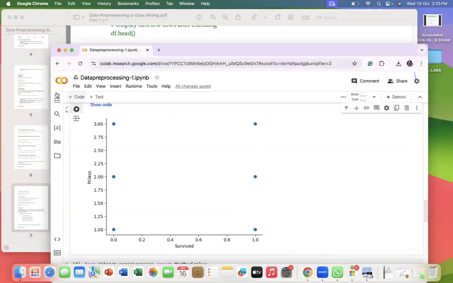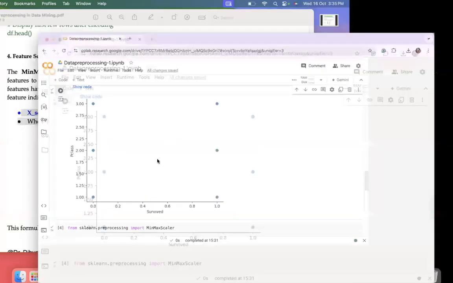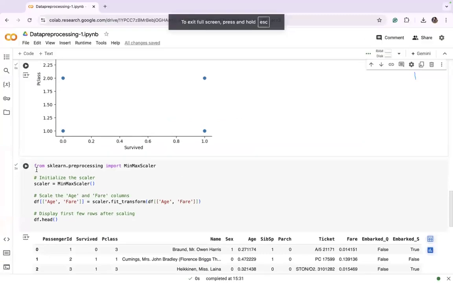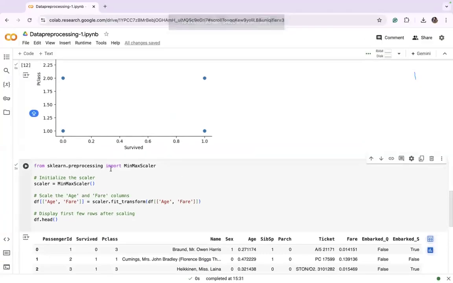Okay, last one, just 1 minute. As I told you, we get this min-max scaler from sklearn. From sklearn pre-processing, under the sklearn library we have this package pre-processing, and from there we import our function min-max scaler.